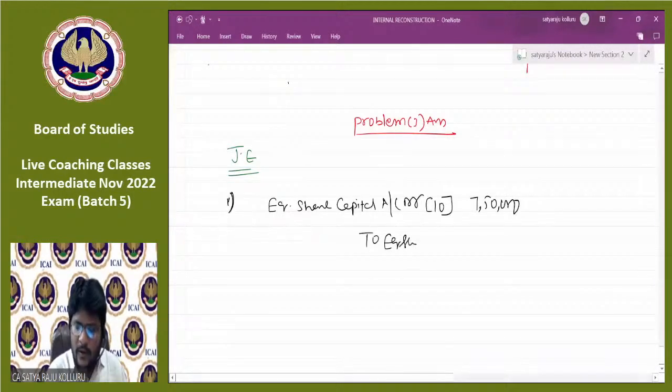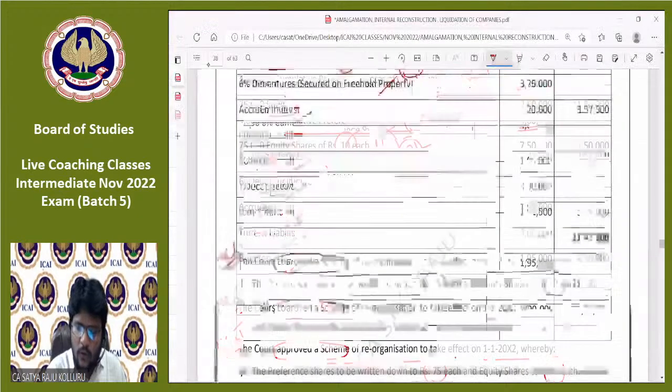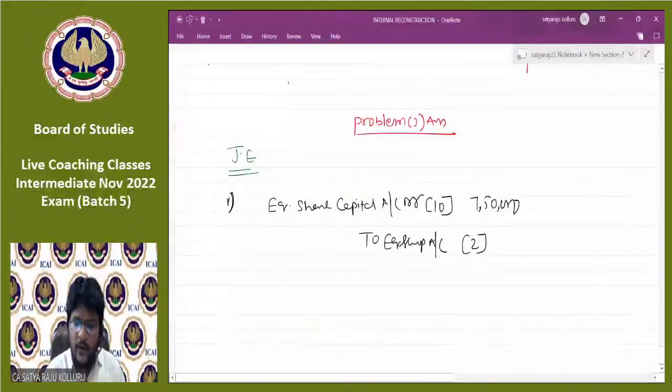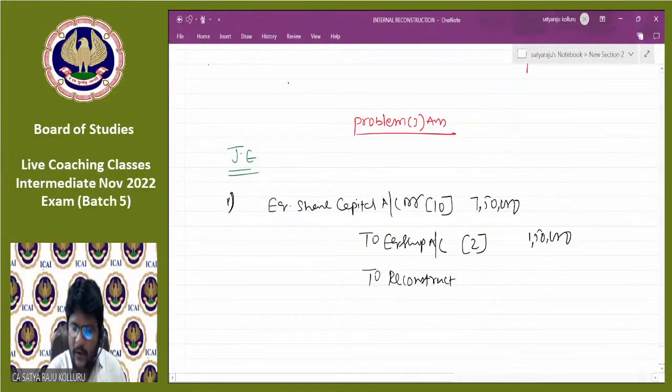To equity share capital account, new face value how much? Reduced to 2 rupees each. So 75,000 into 2 rupees, 1,50,000. To the extent of sacrifice made by the equity shareholders, transferred to reconstruction account, which was 6 lakhs.